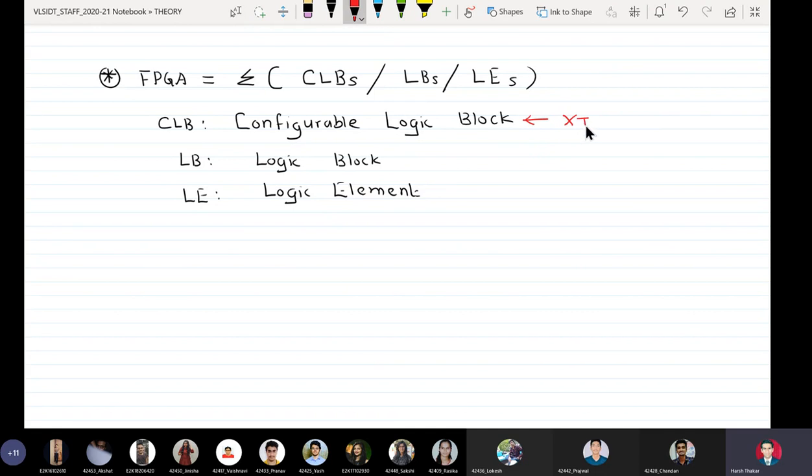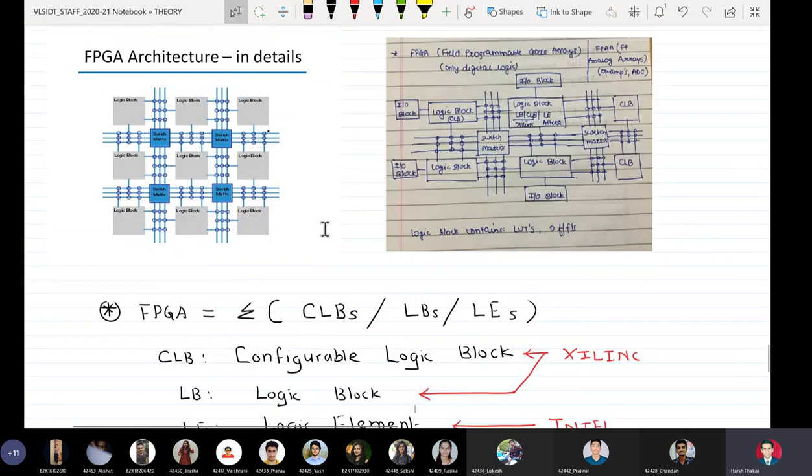This is the term used by Xilinx, while this is the term which is used by Intel. Ultimately, the architectures remain the same.